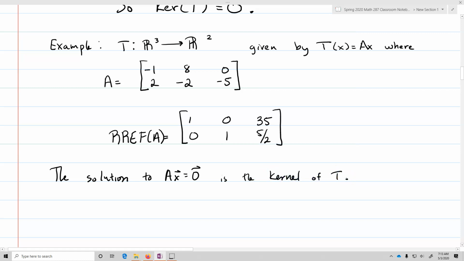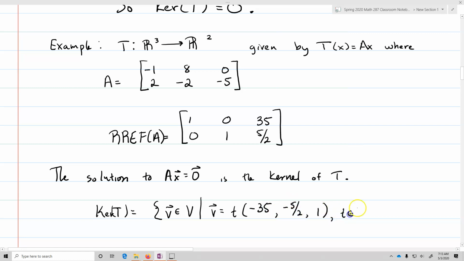And so if I look at this matrix, what that's going to tell me is that the kernel of T is going to end up equaling the set of all vectors v belonging to V such that T of v equals t times negative 35, negative 5 over 2, 1, for t belonging to the real numbers.